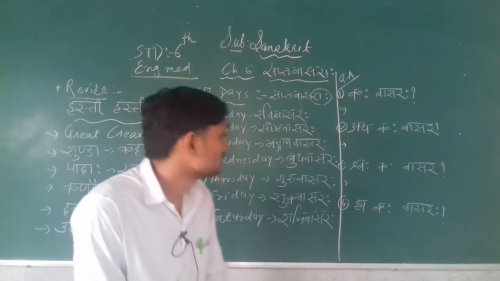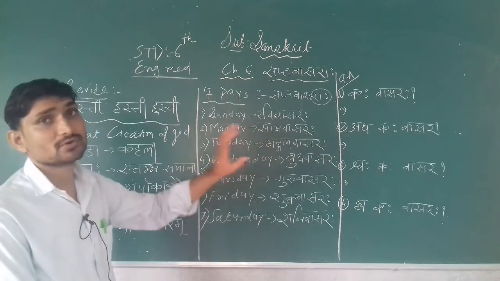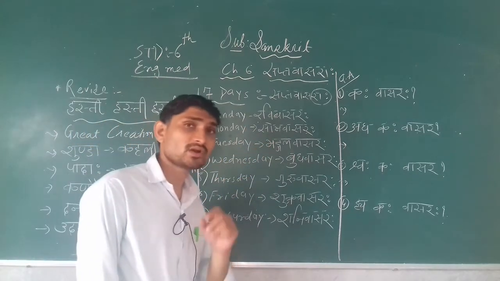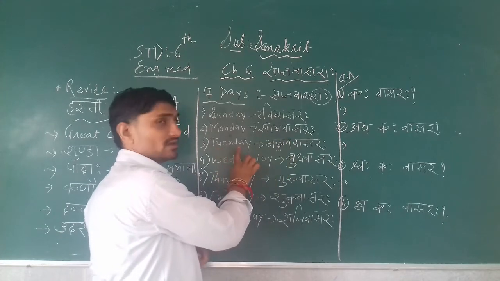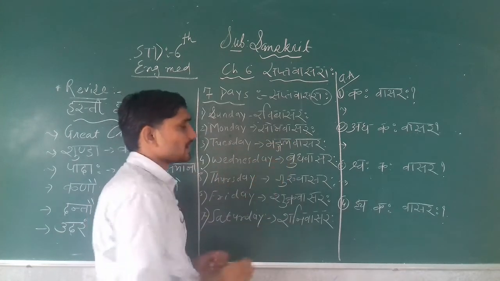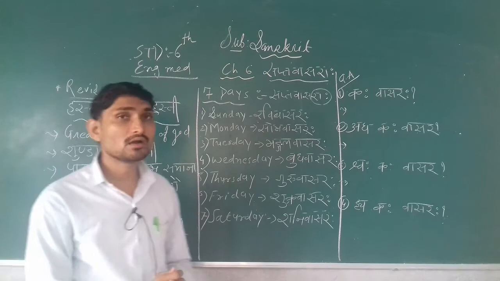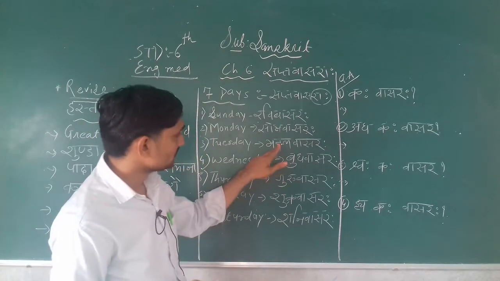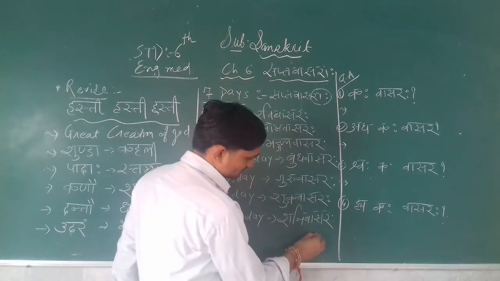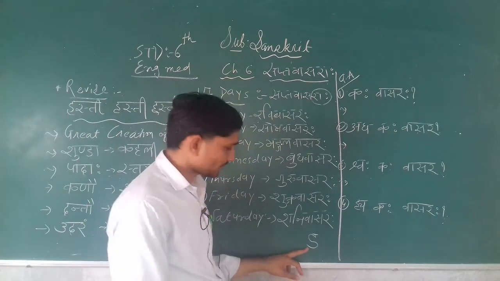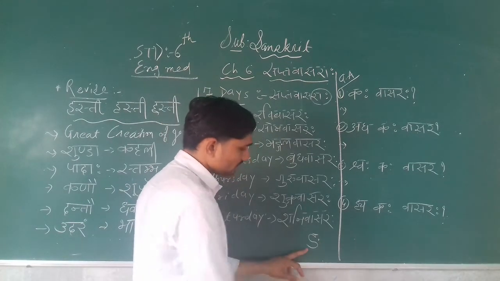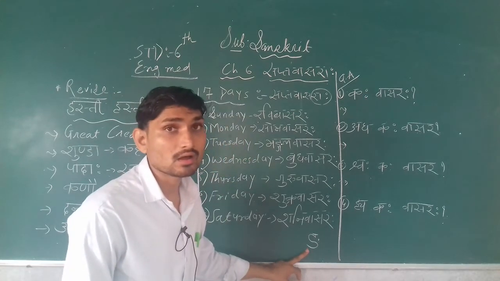Understood, students? Next, this is most important: how to write it and how to pronounce it, you have to see here. Tuesday in English, and in Sanskrit how will you use this Manga? See here this pattern: it is the avagraha, and here a dot, which makes a nasal sound, anga.